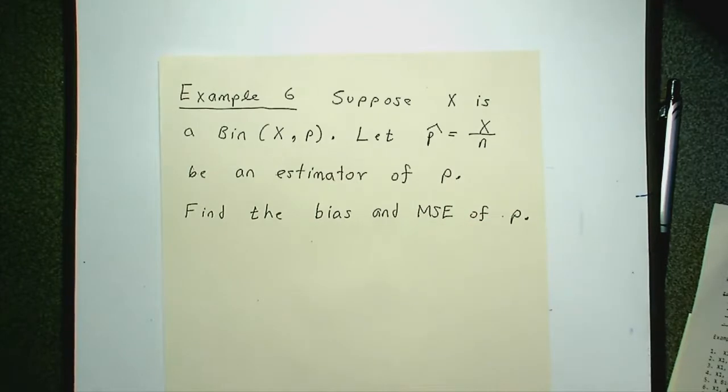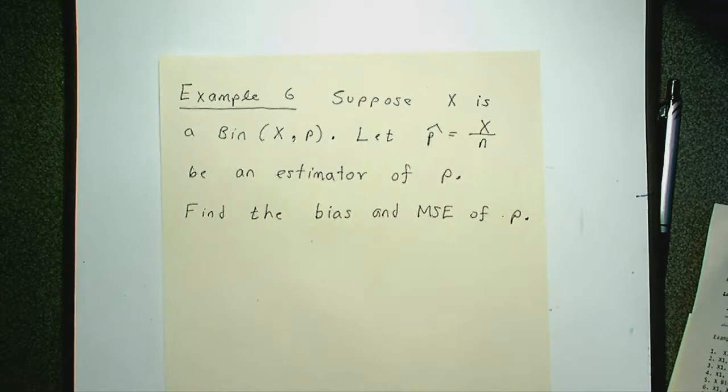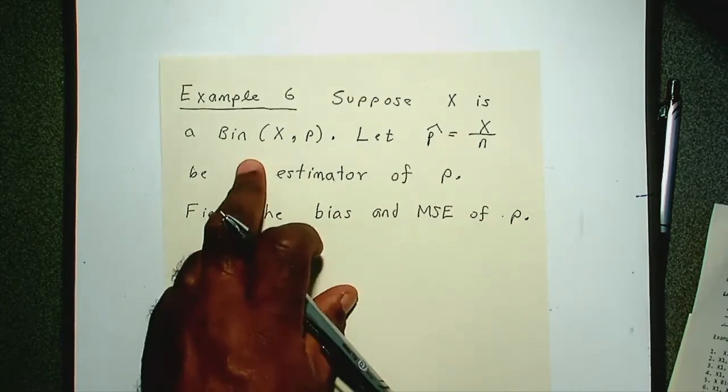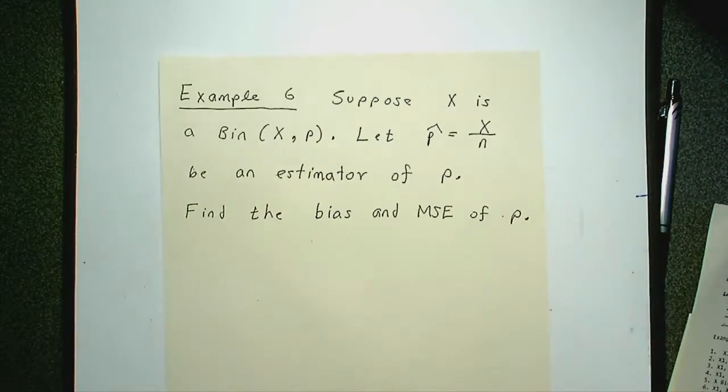Right, so this is slightly different because in this example, can you listen please? In this example, you only have one data point, which is x. Instead of a sample of n data points, you have just a single data point from a binomial distribution.